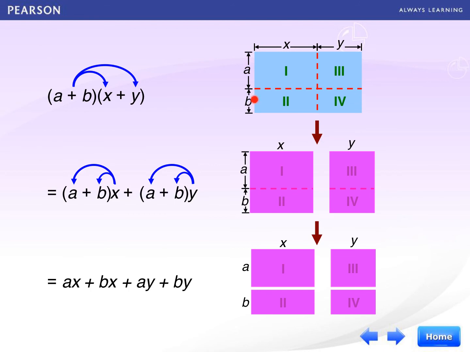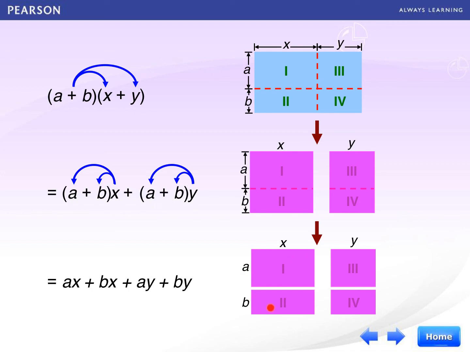The rectangle can split into 4 parts, 1, 2, 3, 4, and the area can also be found by adding up the area of 4 parts. Now the area of this rectangle is a plus b times x, and the area of this rectangle is a plus b times y here.